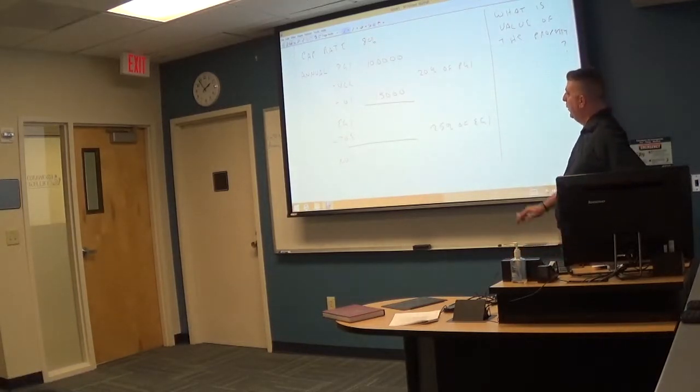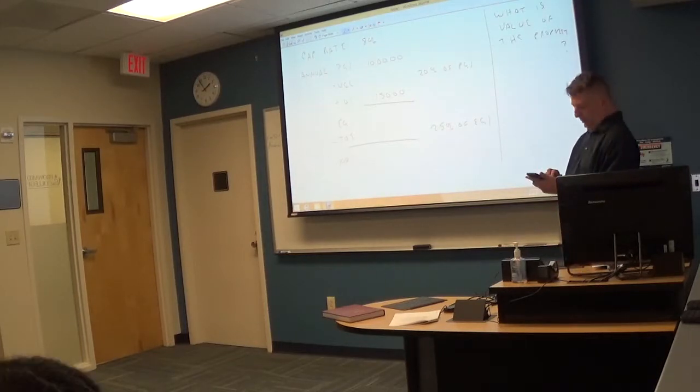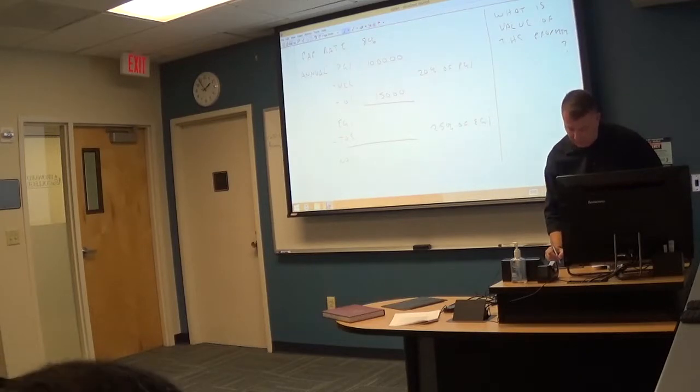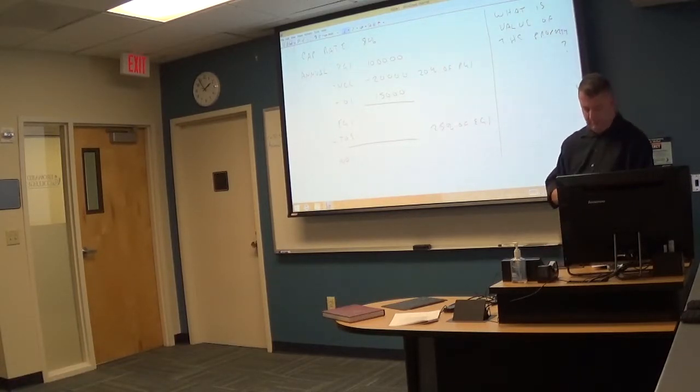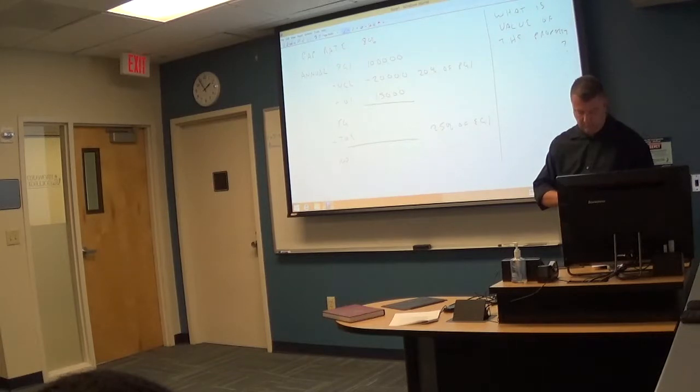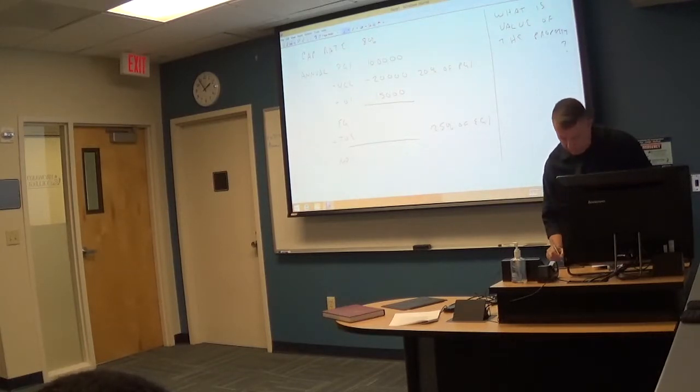Okay, so let's see what we have to do. The first step, $20,000 is going to be our vacancy and collection losses. Subtract that out, so we end up with effective gross income of $95,000.